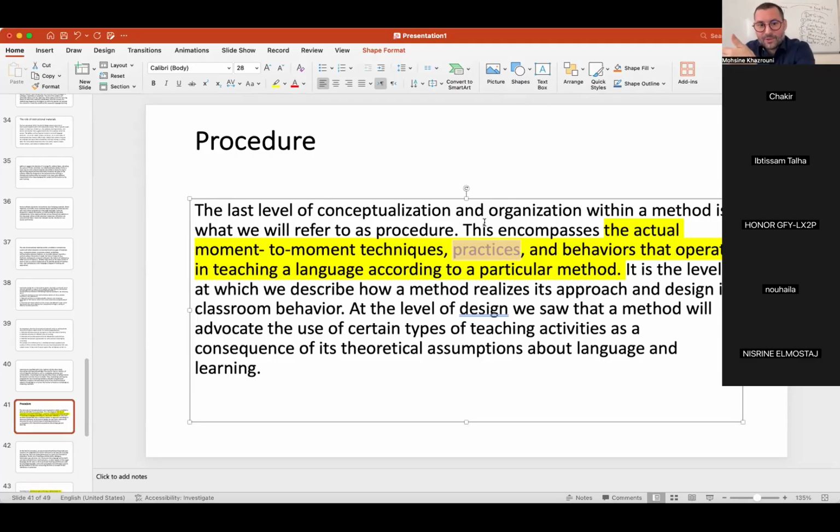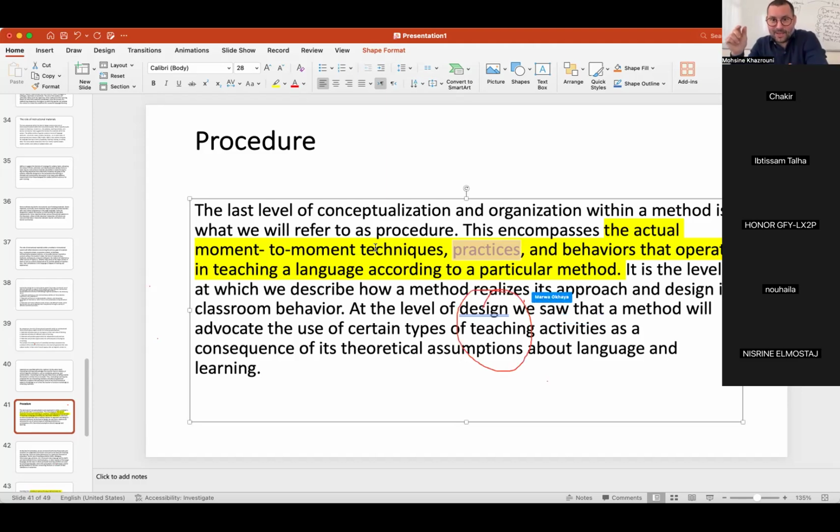The actual moment-to-moment technique. What activities? Everything you do in the classroom in order to apply this method. For example, you can rely on memorization or repetition. The student listens and repeats.